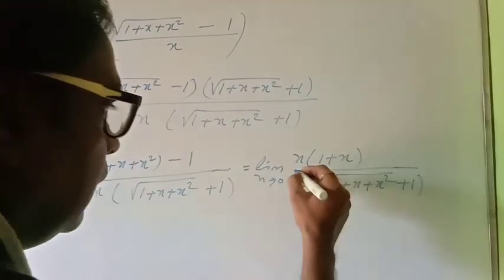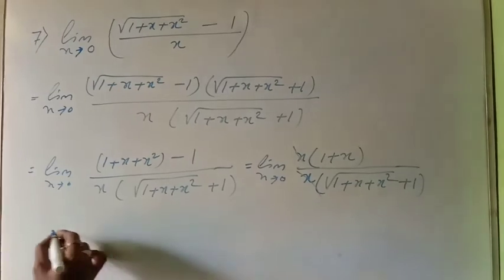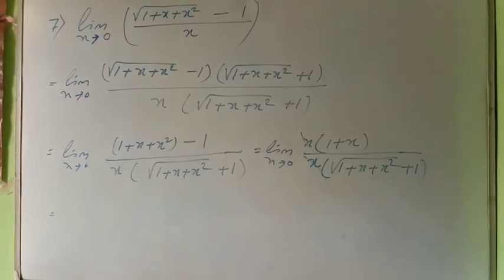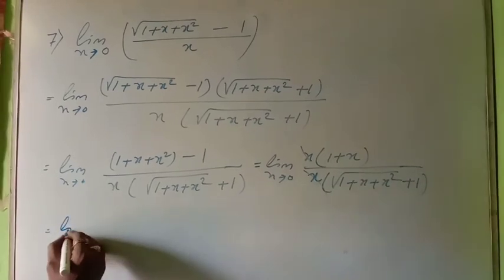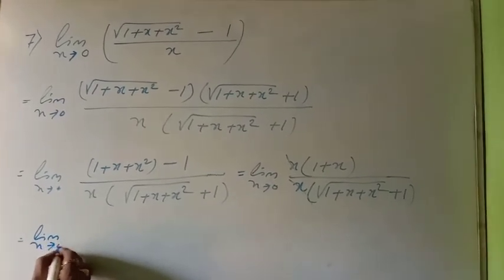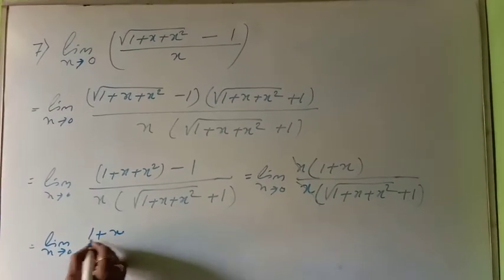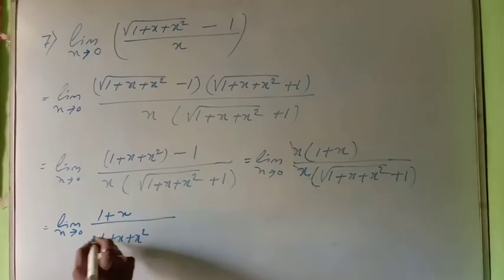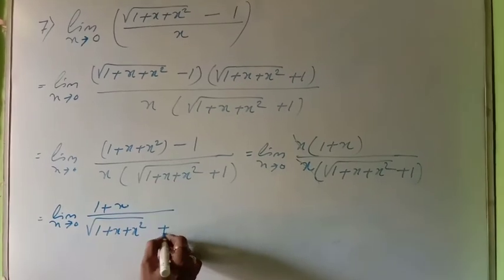Now this x and this x will cancel out. What is left? Limit x tends to 0, 1 plus x divided by square root of 1 plus x plus 1.